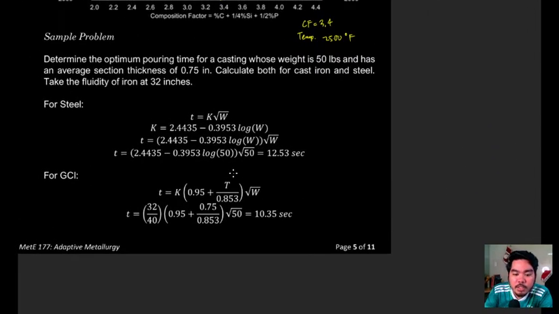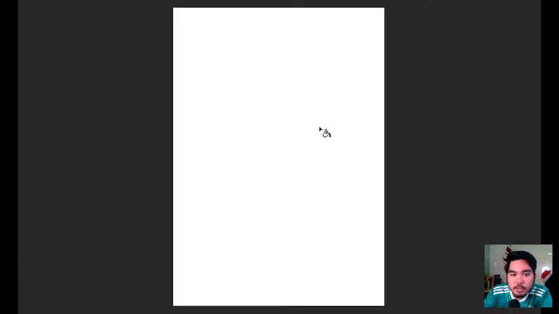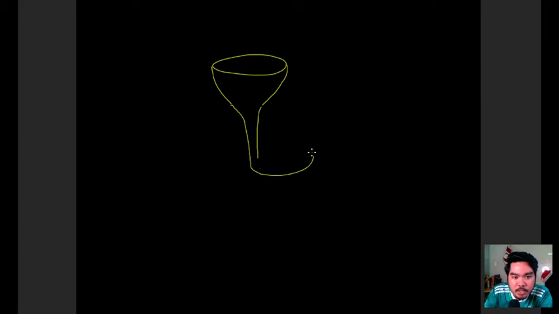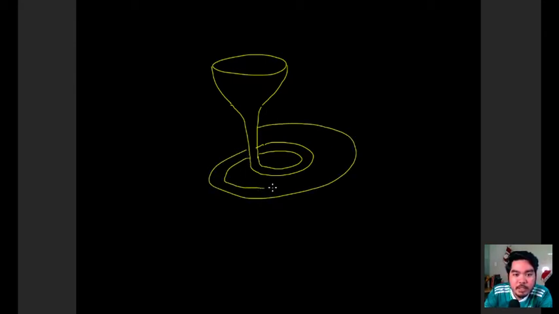The way it works is, let me open a new page. We have a pouring cup, something like that. Then the pouring cup enters a channel. This channel has a spiral, no? It enters a spiral, like that. This is a fluidity tester.